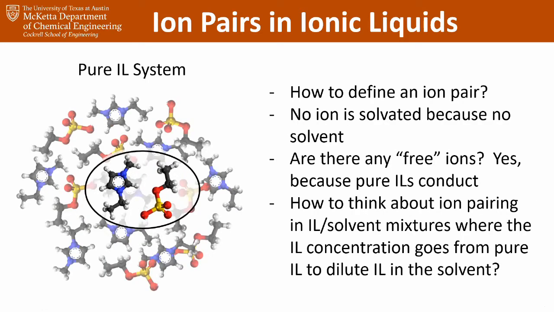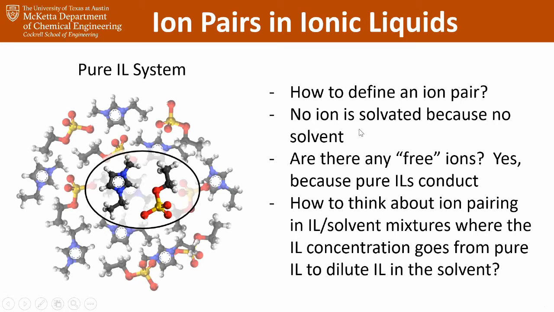So in ionic liquids, though, we can go all the way from a dilute concentration in water, for instance, all the way up to the pure salt system. And so we of course ask ourselves, how do we define an ion pair in those kinds of systems?